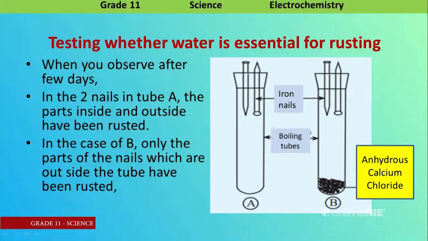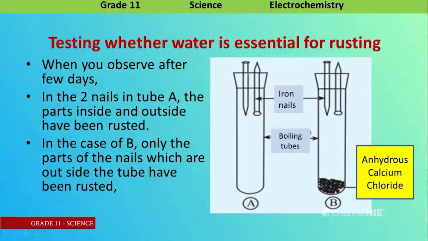Then when you observe after few days, you will observe in tube A, the parts inside and outside both have been rusted. But in the case of B, only the parts of the nails which are outside the tube have been rusted.